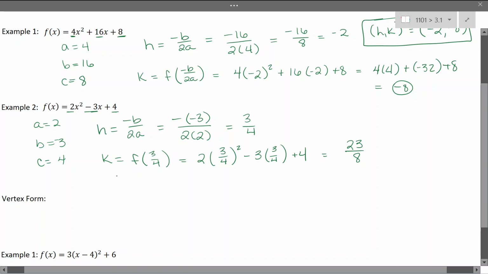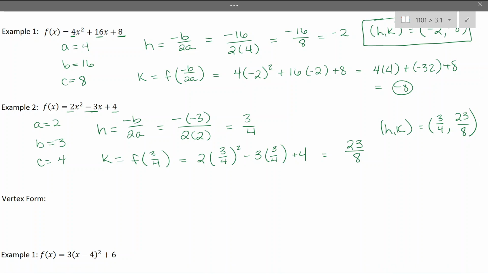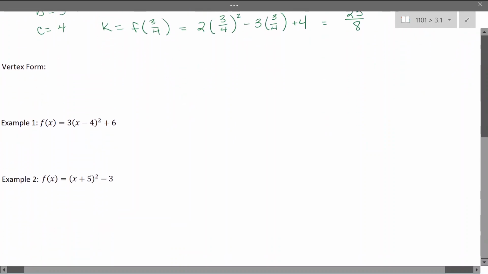So our vertex, h comma k, is going to be the point 3/4, 23 over 8. So that looks a little bit complicated. When your quadratic is in standard form, it is a little bit harder to find the vertex. But now we're going to move on to the easy one, vertex form.